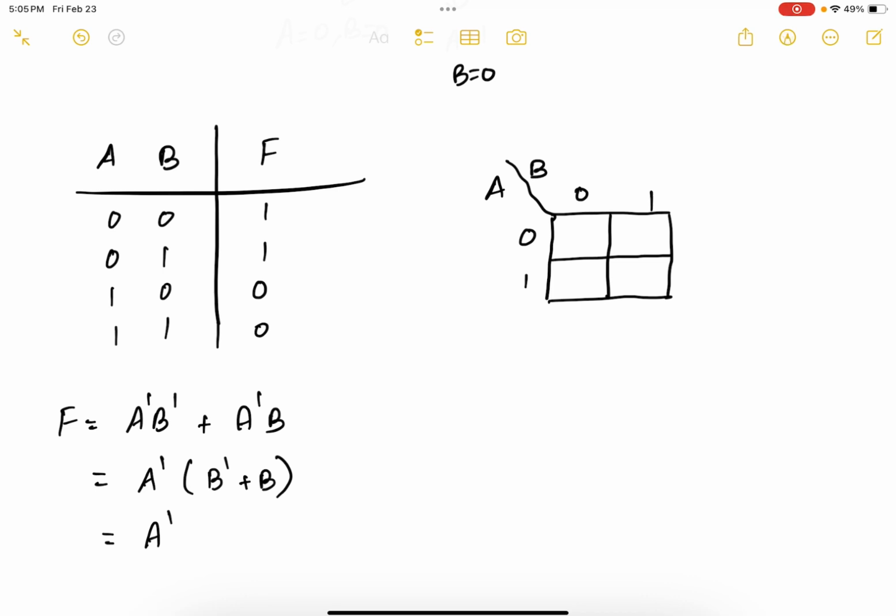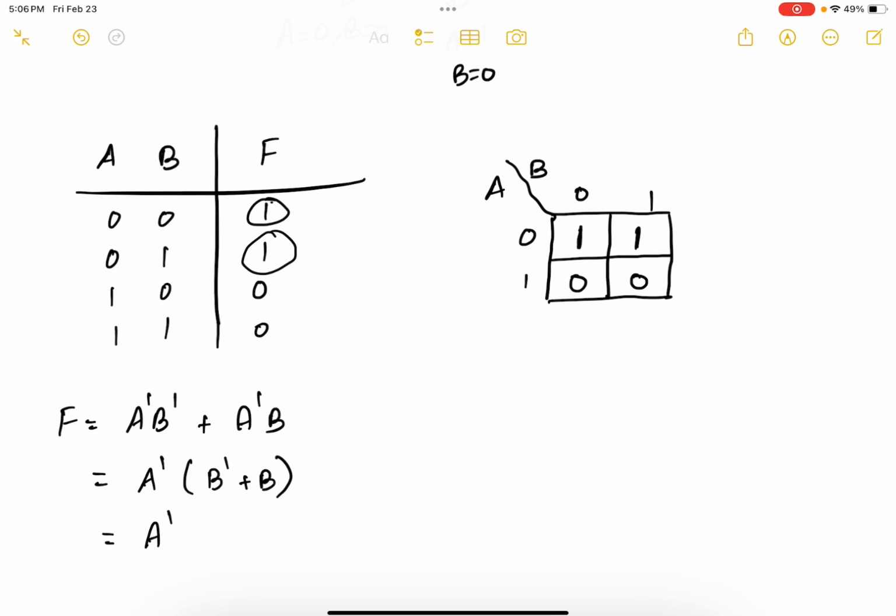Now when A equals 0 and B equals 0, F is 1, which corresponds to this cell here. When A is 0 and B is 1, F is 1 again, which corresponds to this cell. And for the other 2 combinations, you're going to get zeros.